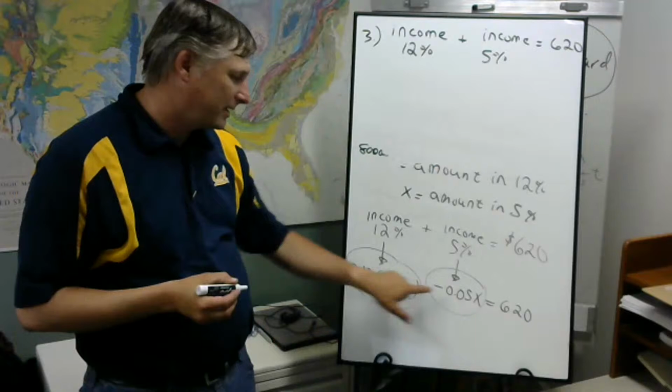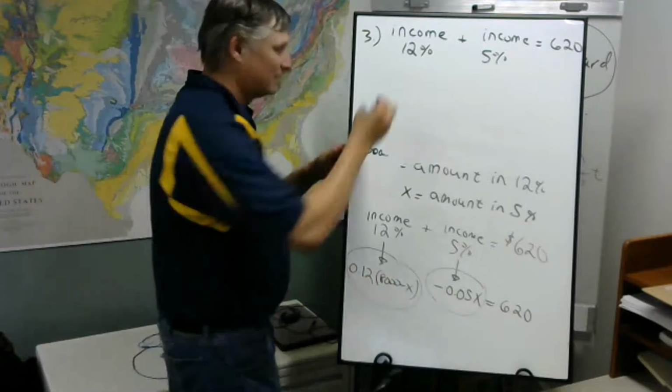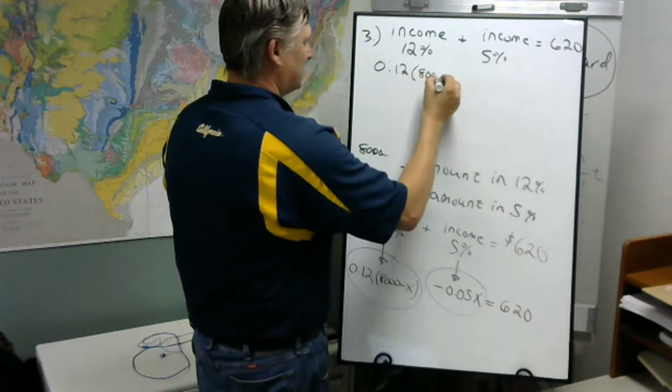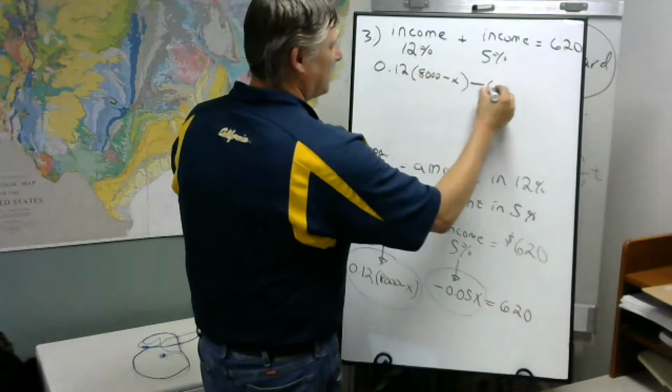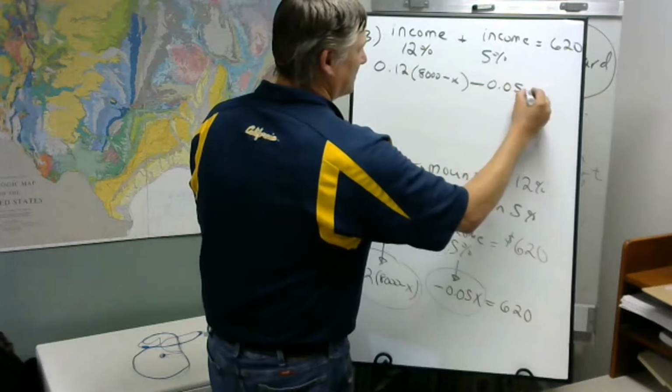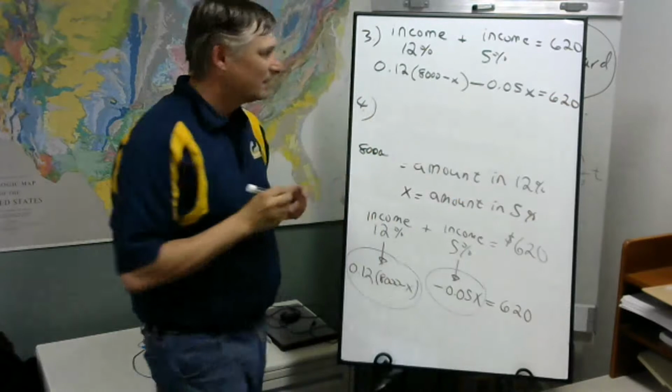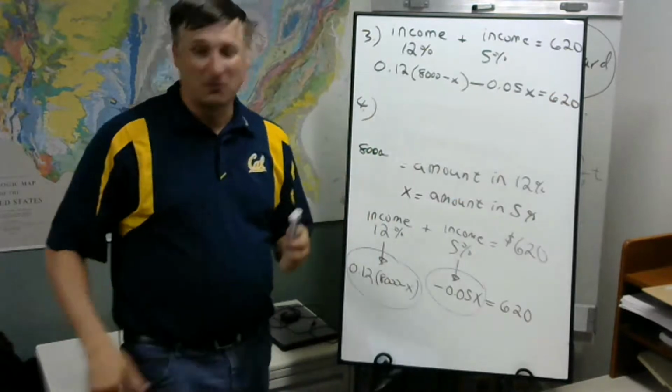And we know what those two incomes are. So 0.12 times 8,000 minus X, minus 0.05X, equals 620. And so now we're going to solve.